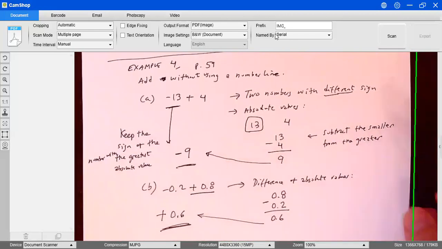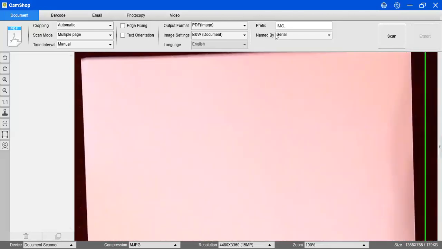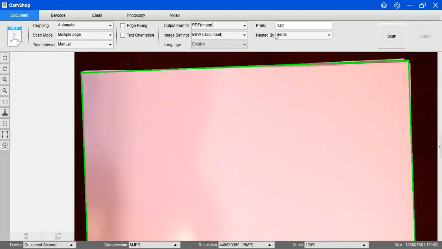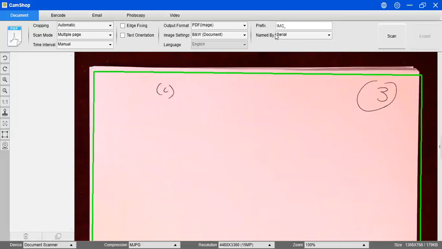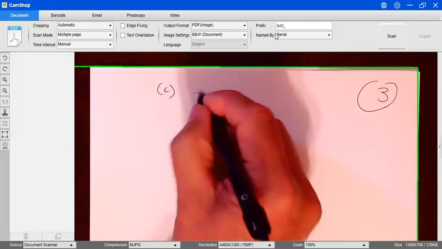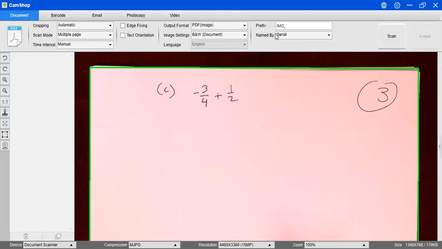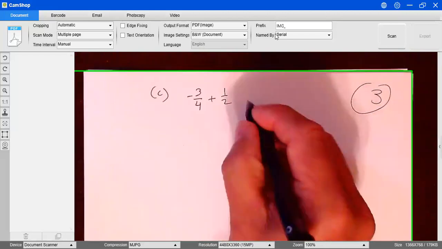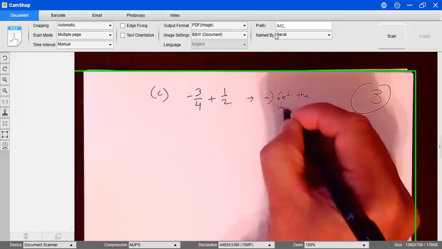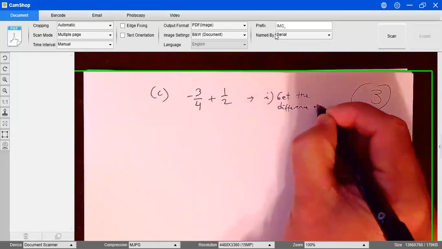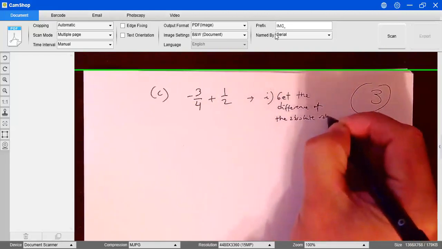And one more case to finish this example, and then you're going to have the chance to work this by yourself. So this is going to be part C, and this is negative 3/4 plus 1/2. So first, I'm going to get the difference of the absolute values.